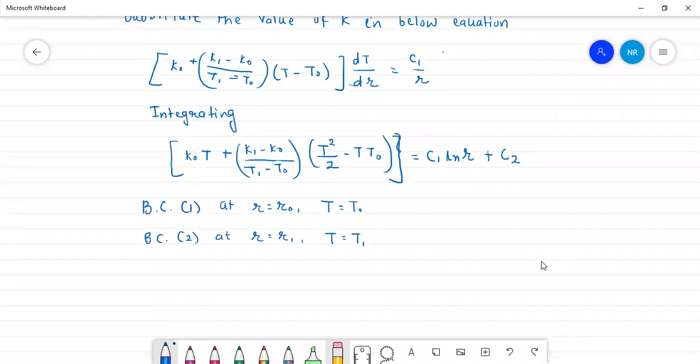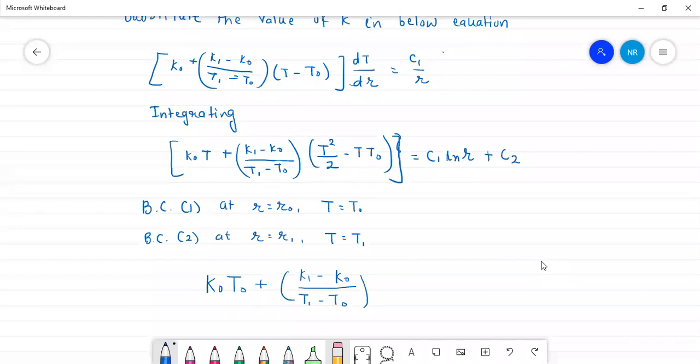So I get K0 like T is equal to T0, so T0 plus, applying boundary conditions in the above equation, (K1 minus K0) divided by (T1 minus T0).